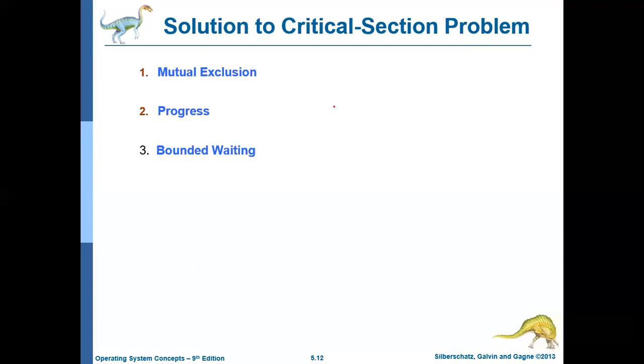And bounded waiting should ensure that a process which currently comes out of the critical section gets the critical section again only after other waiting processes have got the critical section.